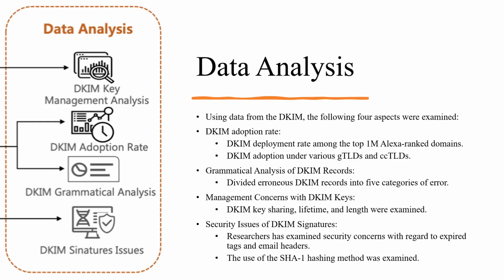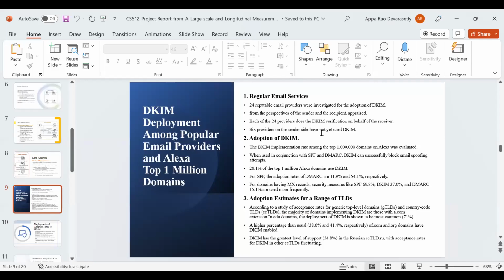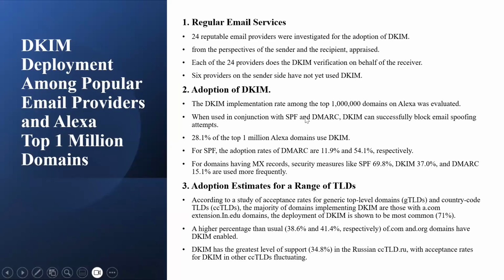The data that is processed from data processing first goes to the DKIM key management analysis, and after that it is segregated into the adoption rate, grammatical analysis, and signature issues. Moving on to the further slides.